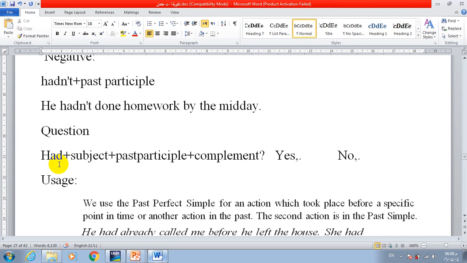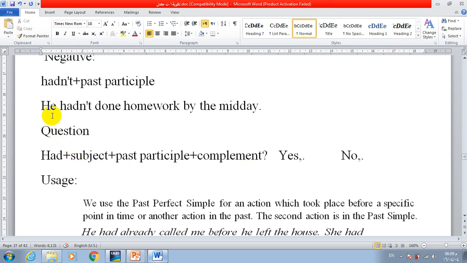So the question must be like this: had plus subject plus past participle plus complement or the complete sentence.